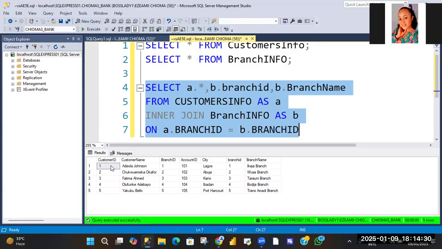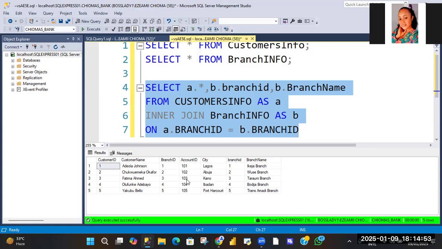All right. So we have basically customer ID 1 to 5 and, from our branch info table, we're having branch ID 1 to 5, right? So if you see, there is no null, because we said that whenever we are using join, when there is no matching info, it's going to return null.